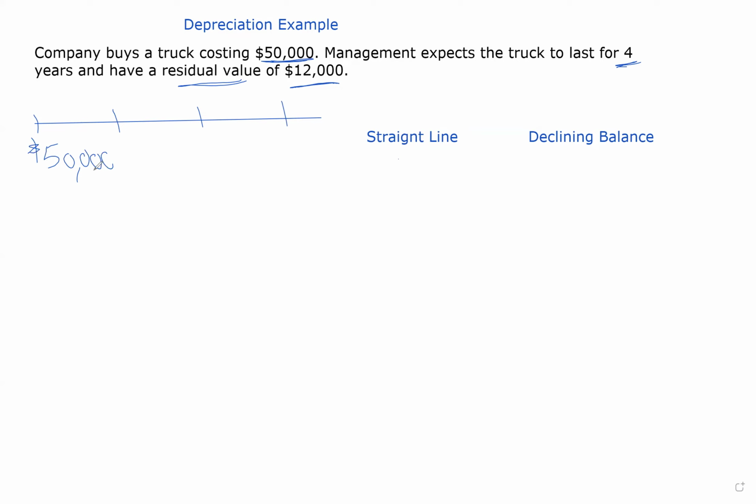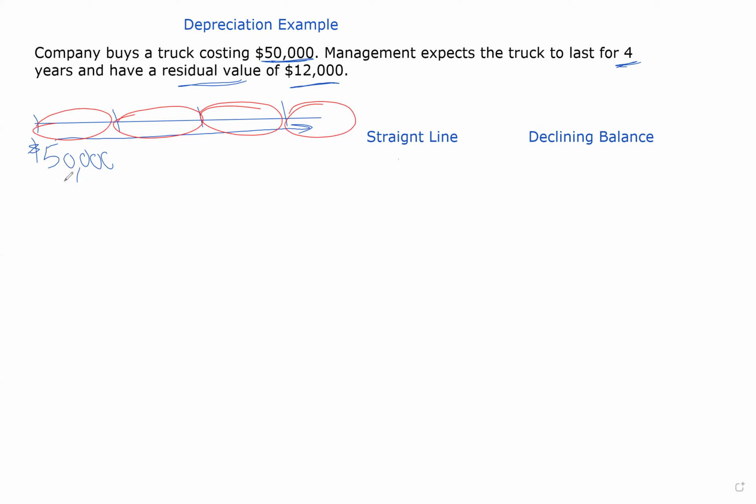We said, that doesn't really reflect the true situation of what is going on. This truck is going to provide benefits over the next 4 years. So it's not appropriate to expense it all. What we're going to do is allocate the cost of this truck over its life. So we'll allocate it over the next 1, 2, 3, 4 years.